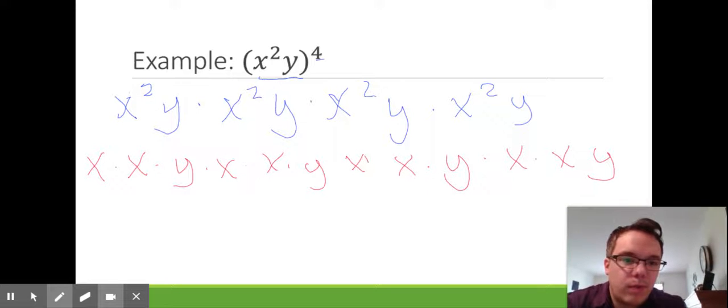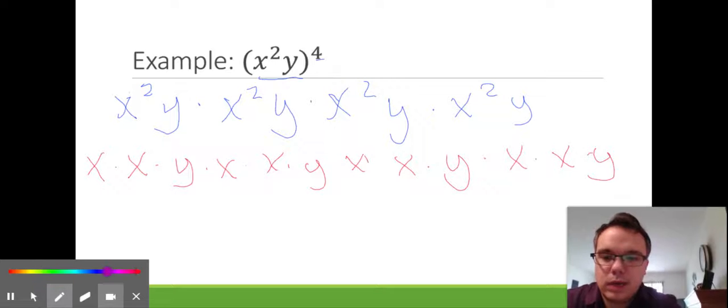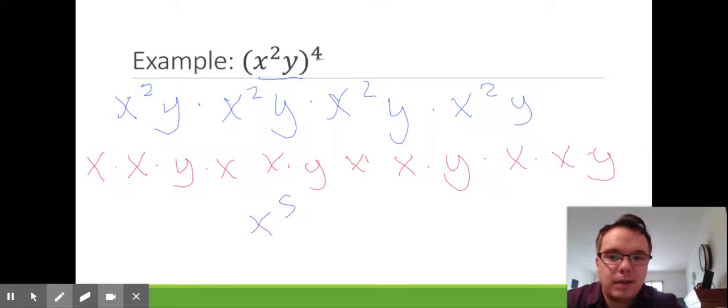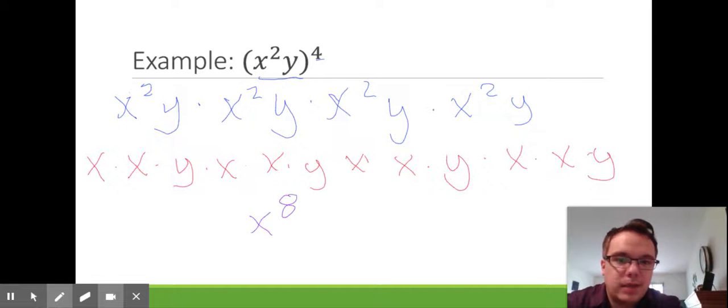So like I said before, when we have 2 different bases, there's no way to combine our x's and our y's. So our answer is going to have an x and y. So what we're going to do, we're going to count the number of x's we have being multiplied by each other. So we have 1, 2, 3, 4, 5, 6, 7, 8. So that is x to the 8th power. And how many y's are we multiplying together? We have 1, 2, 3, 4.